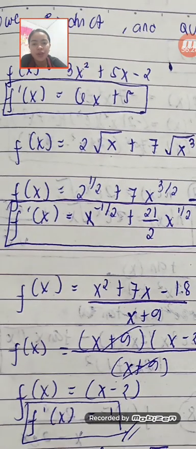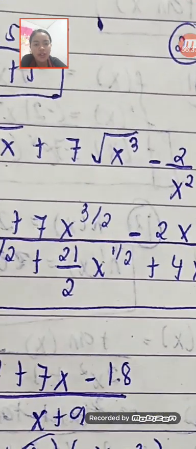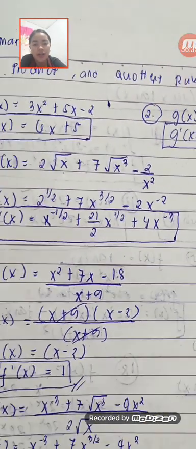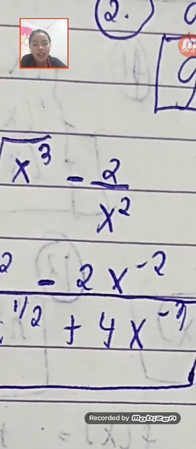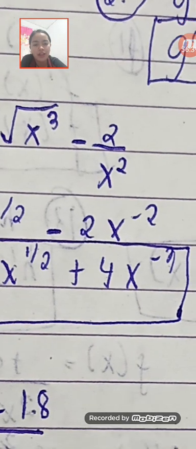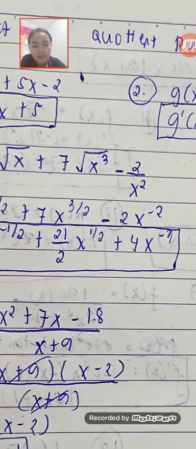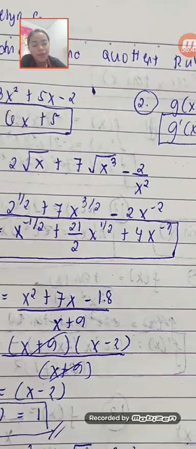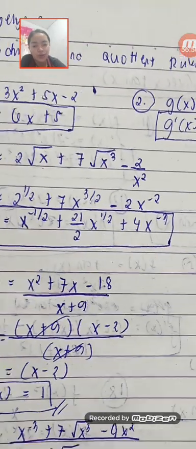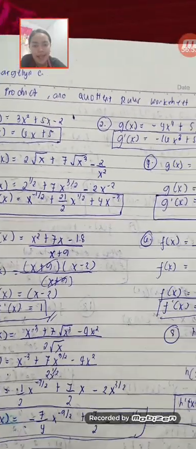And in this one, we just need to rewrite the square root of x as x to the 1/2, as well as this 3 over x to the 1/2, and rewrite this into this form. Negative 2, because if you transpose it to the other side, it will become negative. That's why we come up with negative 2. So that is our final answer.